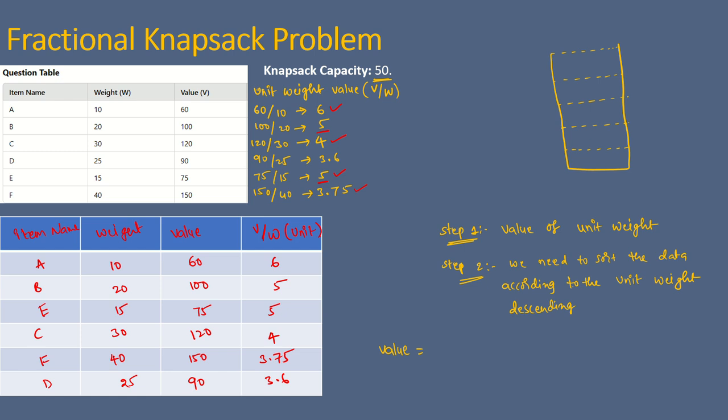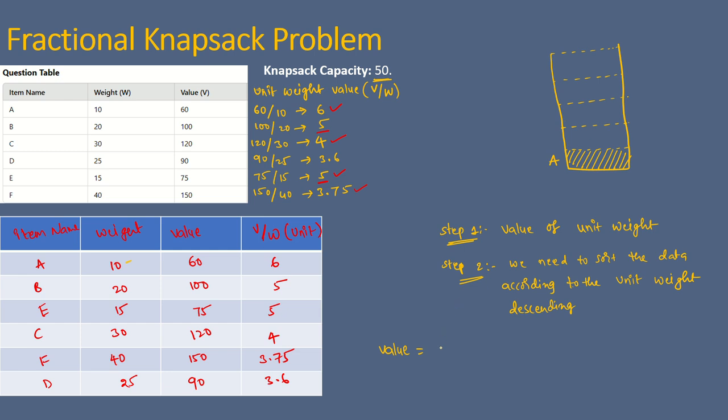So first, which item do I need to choose? Capital A. How much weight of capital A is available inside the store? 10. So these 10 units I am going to fill with the capital A item. So the remaining 40 units of storage are still available inside the container.